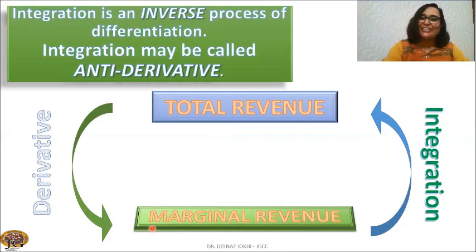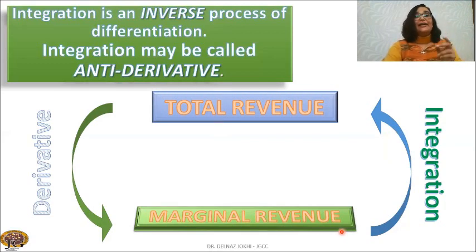But why is integration known as the inverse? Now see, things have changed. Suppose now the marginal revenue is given to you. आपके पास total revenue नहीं है. आपको total revenue ढूंढना है. You have to work backwards. So, if marginal revenue is there with you, आपके पास क्या है?